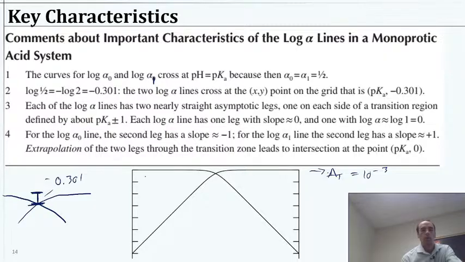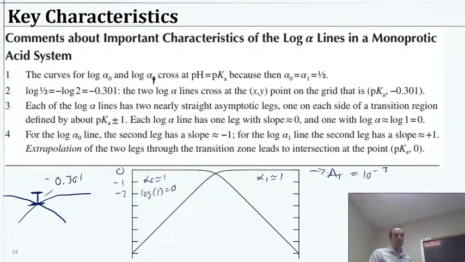So up here, that's basically saying alpha 0 is approximately 1, which means the log of alpha 0 is 0, and alpha 1 is approximately 1 over here. So log of 1, of course, equals 0, right? So on this graph, we might be drawing it from 0 to minus 1, minus 2, and so on, if this is a log alpha plot.